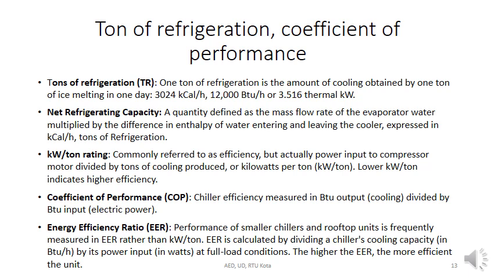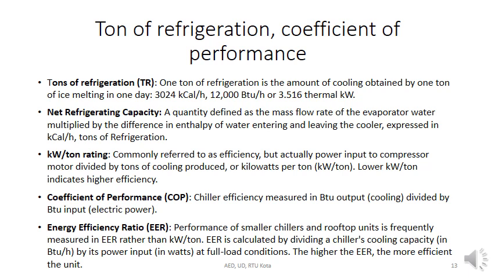So what is the ton of refrigeration? It is the most important unit of a refrigeration system. One ton of refrigeration is the amount of cooling obtained by melting 1 ton of ice in 24 hours. In kilowatts it is 3.5 kilowatt. British thermal units and kilocalorie per hour are also mentioned here.